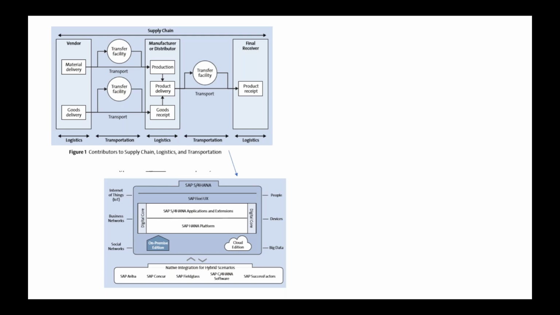So 4PL means these are the highest level. That means they not only offer service to execute your shipment, but they also redesign and consult for the supply chain of your entire shipment process. So the difference between 2PL and 3PL is based on the amount of responsibility they take to design your process. That is the only difference.